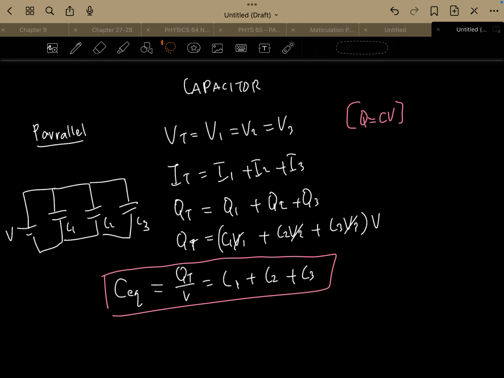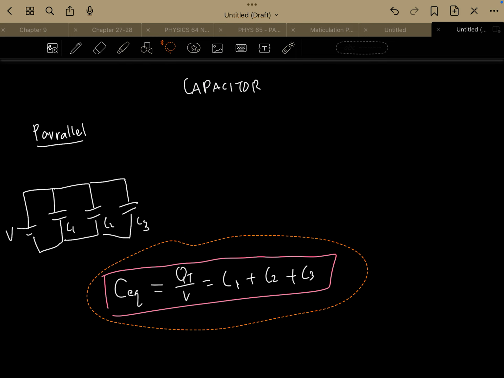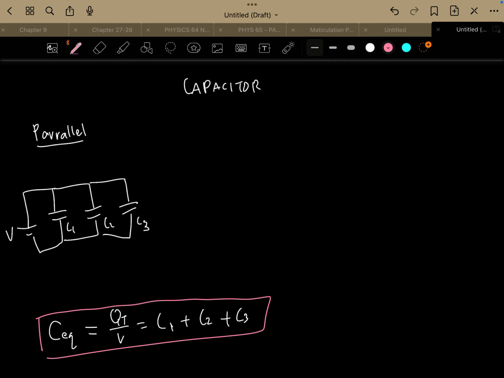Then again, we have another way to derive this. We know that again, C by definition is this. Then, if you look here, the distance doesn't change, right?